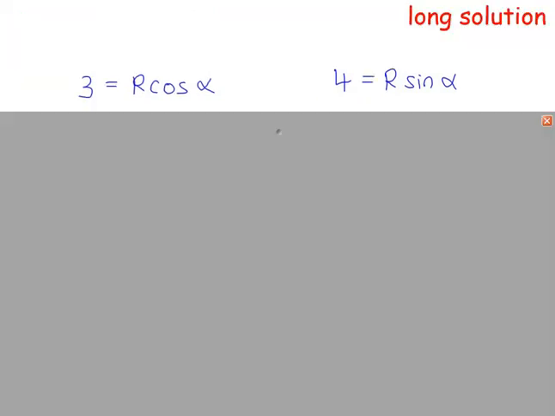So here's the long solution, the long version of it. We need to work out r and we need to work out alpha.